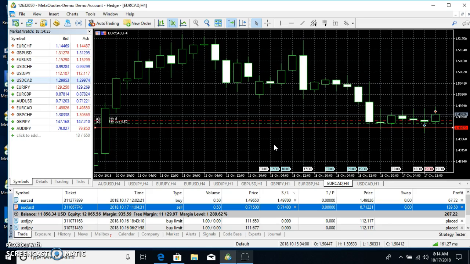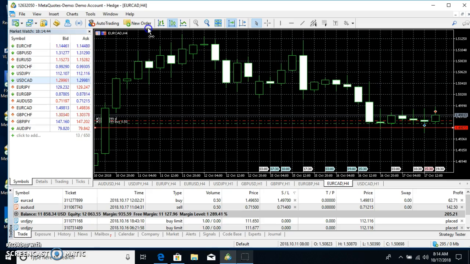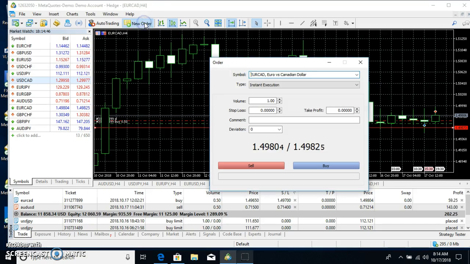So I have two beautiful trades going. It's in profit. And remember how I do a pending order. If I got in at this one at 149.65, pending order is just, I would go here and click pending order.